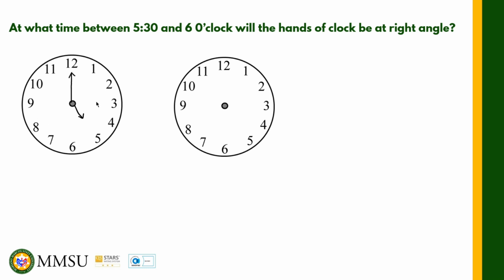Kasi kung nandito yung minute hand natin, wala pa siya sa 5:30. Okay, it should be between. Assuming na hindi natin alam eksakto kung nasaan yung minute hand. So the minute hand may be nandito. Okay, approximately lang, hindi yan directly 8, di ba?